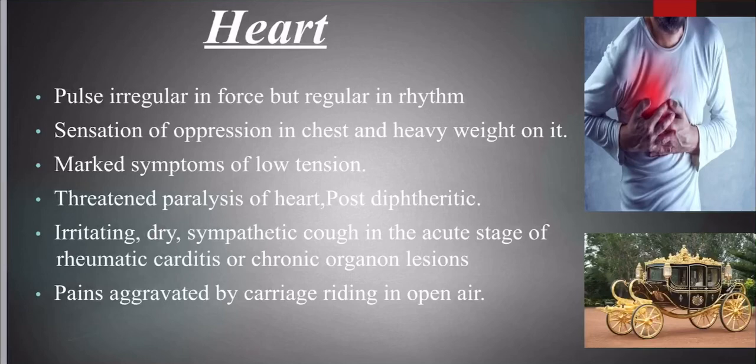The person has rheumatic issues, rheumatic fever and everything, which end up in heart complaints. In the acute stage of rheumatic carditis, the person has an irritating, dry and spasmodic cough. And this cough is also found in chronic organic lesions.